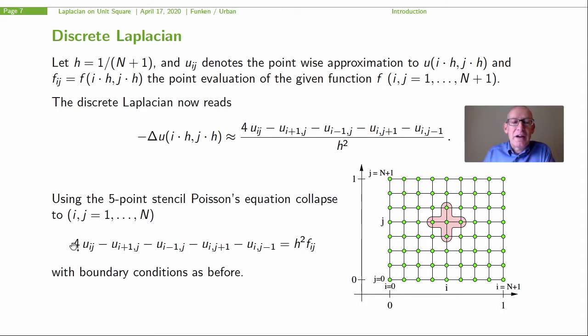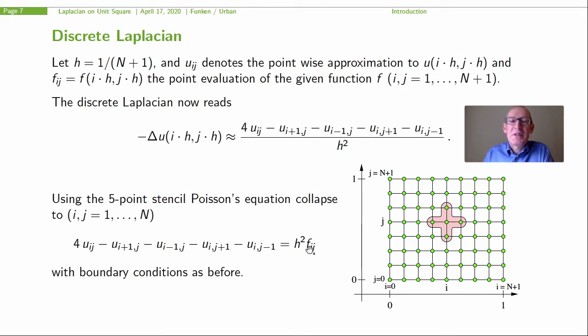Here we have this 5-point stencil representation, usually divided by h squared. Here we multiply by h squared. So in each node, 4 times the function value itself, minus the right neighbor, the left neighbor, the upper neighbor, the lower neighbor, should be h squared times the given function value.